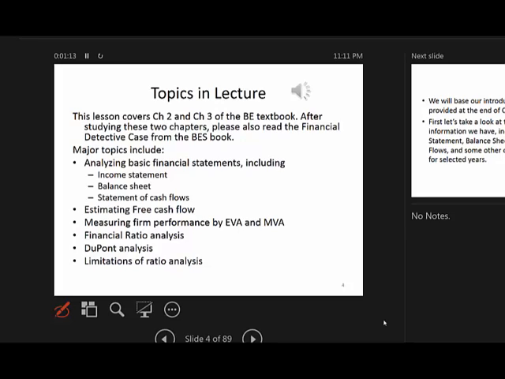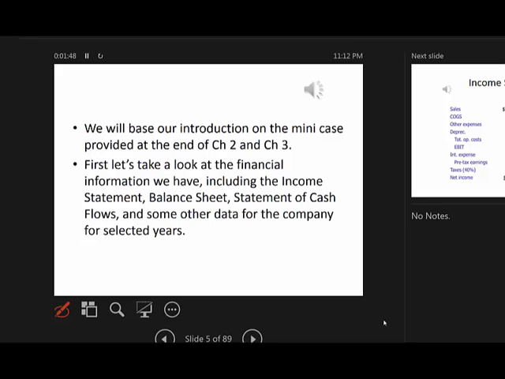Major topics in this lecture include analyzing basic financial statements, including the income statement, the balance sheet, the statement of cash flows, estimating free cash flows, measuring firm performance by the EVA and MVA, the economic value added and market value added, financial ratio analysis, DuPont analysis, and we'll also have a discussion about the limitations of ratio analysis. We'll base our introduction on the mini case provided at the end of Chapter 2 and Chapter 3.